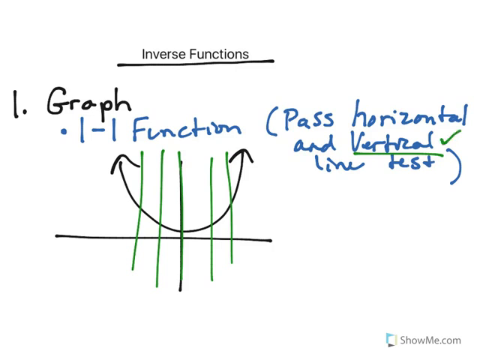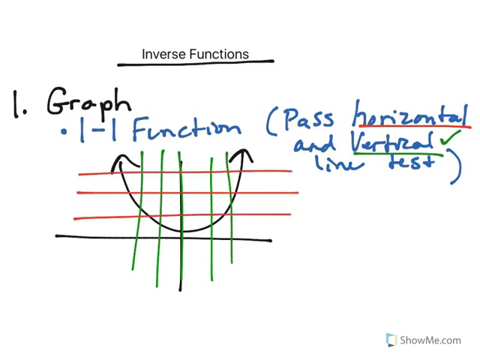So vertical line test, we're good here. Now we're going to do the horizontal line test. Draw a bunch of random lines. If it intersects more than once, like here, almost in all of them, then that means it has repeated y values. Therefore, it fails the horizontal line test. So the quadratic function will not have an inverse because it fails the horizontal line test.